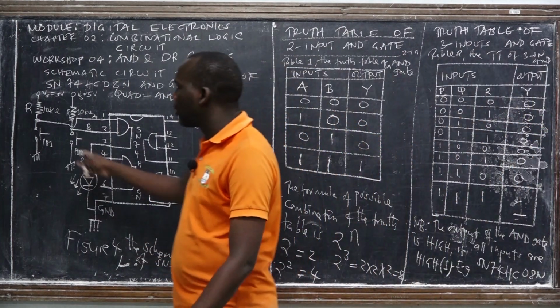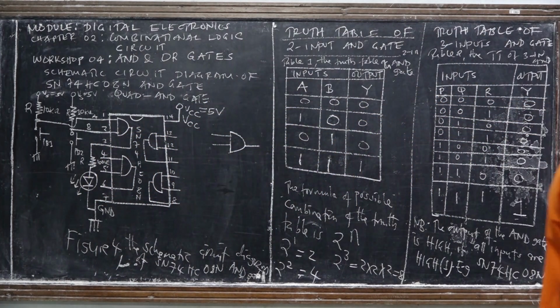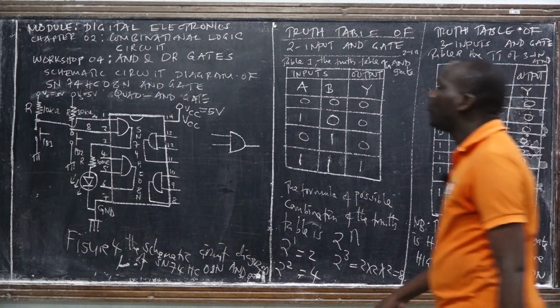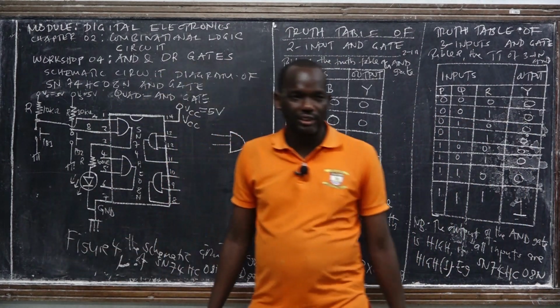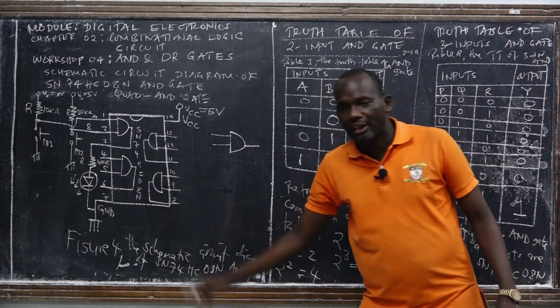When the push button is pressed, what will be the potential drop across it? 0 what? 0 mangoes or 0 chairs? 0 volt. The same story for the second pull-up resistor. So let us verify this truth table on this schematic circuit diagram.